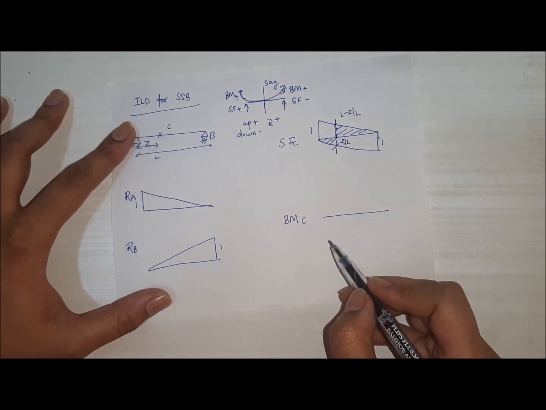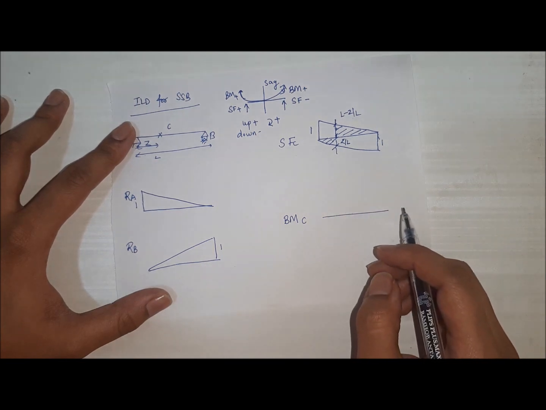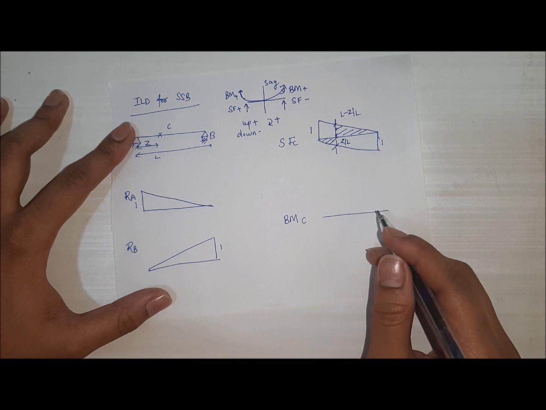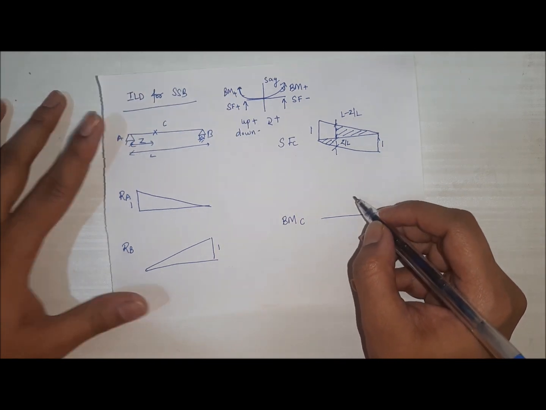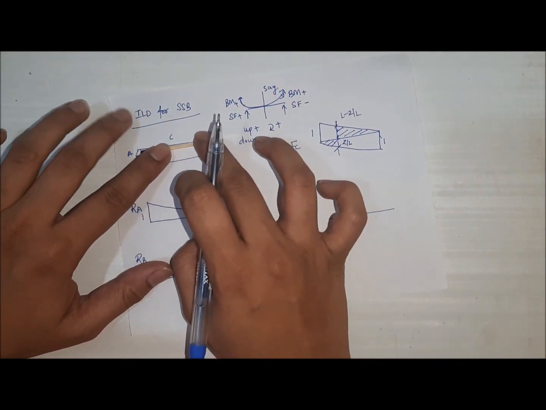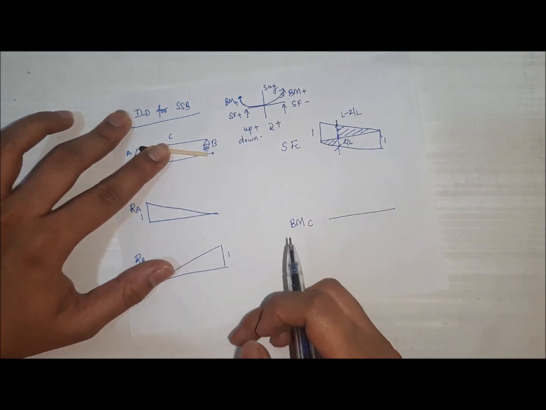Now, for plotting the bending moment at section C, we will provide a clockwise rotation at point C. After providing clockwise rotation, we will get some sort of bending, like from the point C we are bending the beam. The beam is going downward.